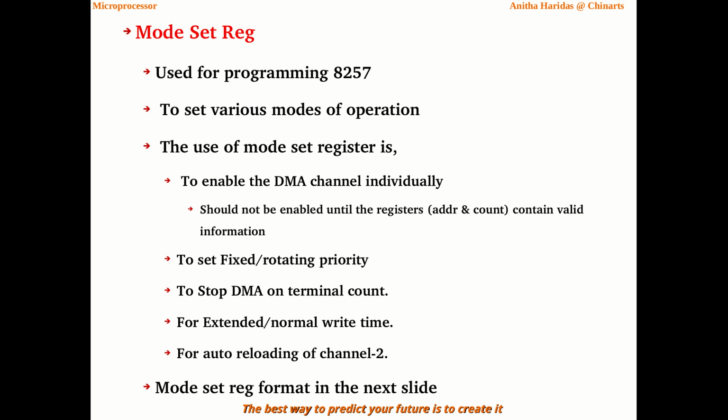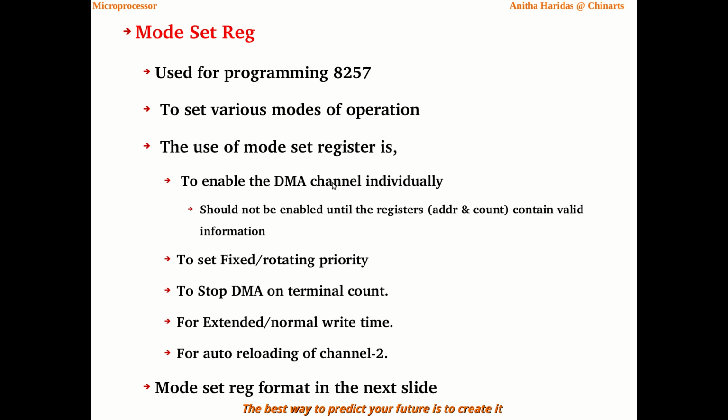If this is the case, that can be done by the mode set register. It is also used for stopping the DMA on the terminal count, for extending the write time, or for auto loading of channel 2. So these are the functions done by the mode set register.